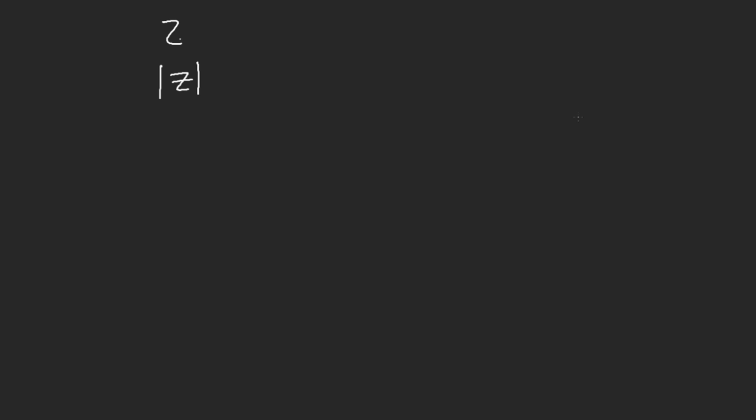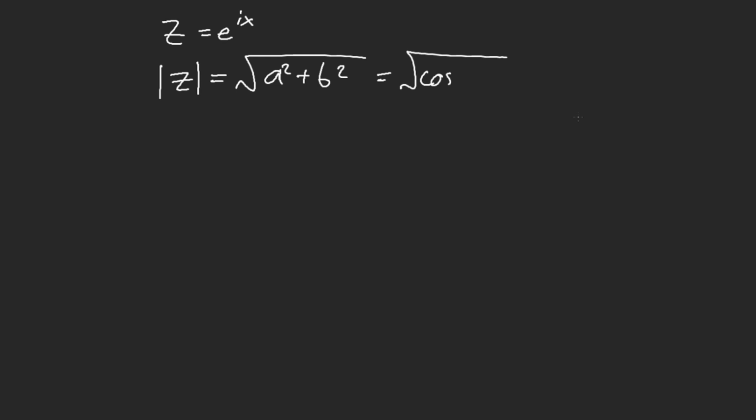We're not using z like e to the ix. No, we're using modulus of z, and this is talking about the square root of a squared plus b squared. In other words, this is equal, well, a stands for pretty much cosine or sine here. But we rarely use that because, let's face it, this is equal to 1.